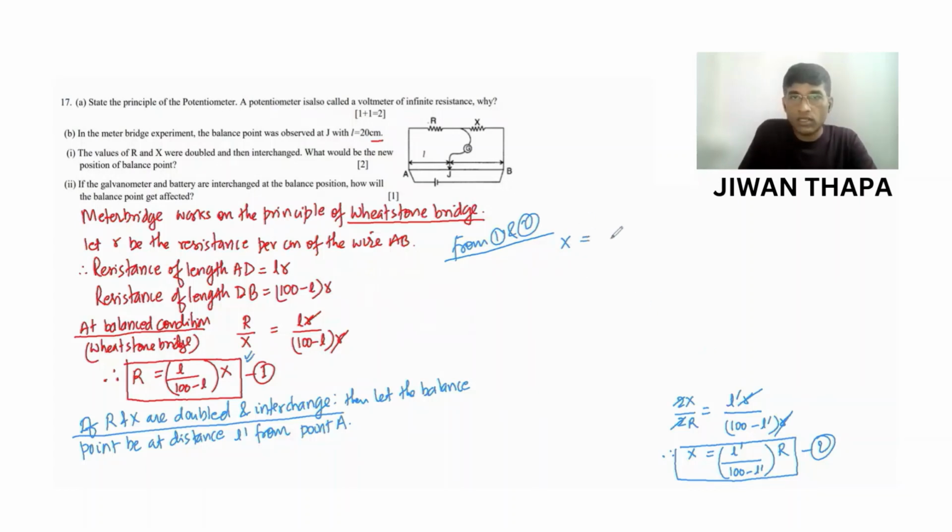X equals L dash by 100 minus L dash, and the value of R is L by 100 minus L, and we have X. So X cancels out. So we can write 1 equals L dash L by 100 minus L dash, and we have next 100 minus L.